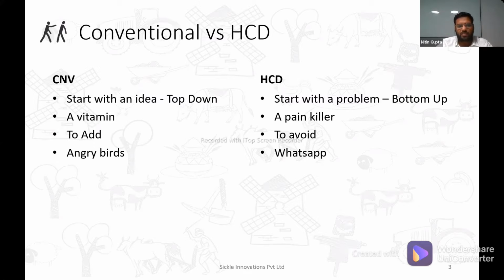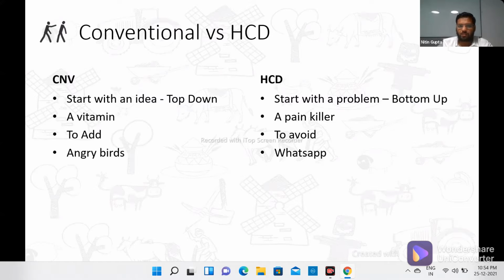And how it has changed is, now I don't start with the idea. We start with the problem. This is the basic difference between the conventional thought process and the human centered design approach. So you don't start with an idea. When you start with an idea, it is a top down approach. You're already on the top. You have a product. For example, you're working in an IT company.